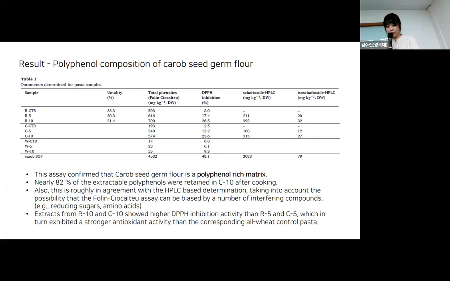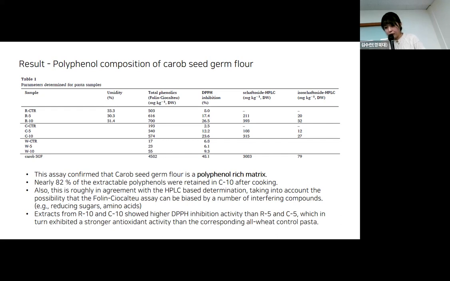A value of 71.1% of inhibition. And pure schaftoside and isoschaftoside, both at 0.1 millimolar, exhibited 50.5 and 54.8% inhibition, respectively.